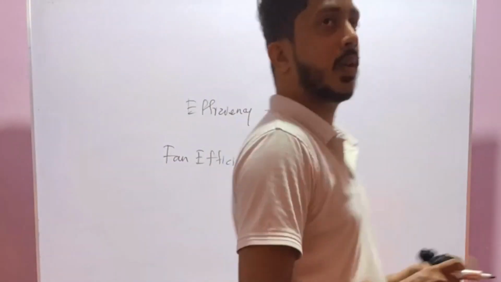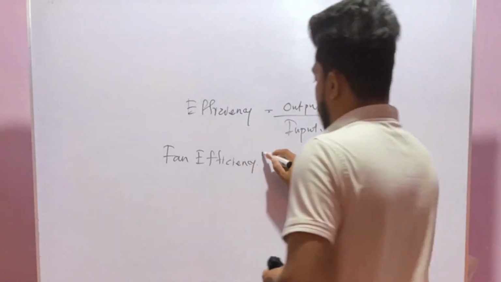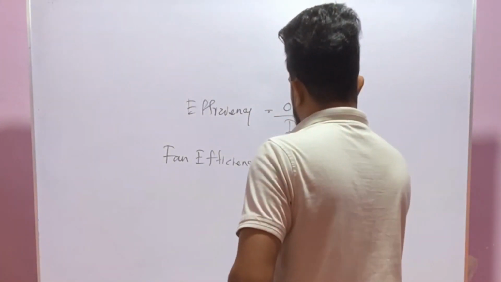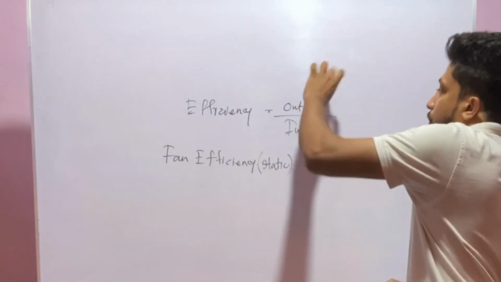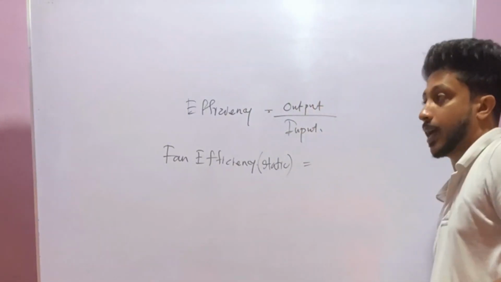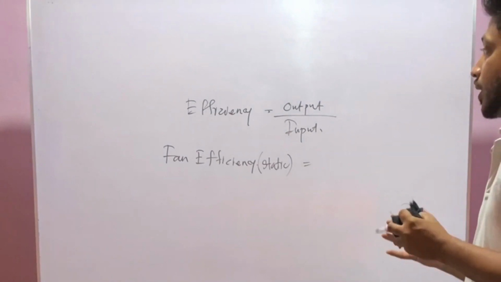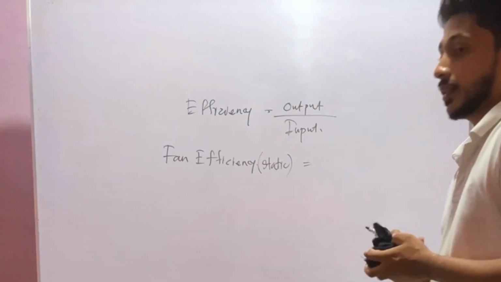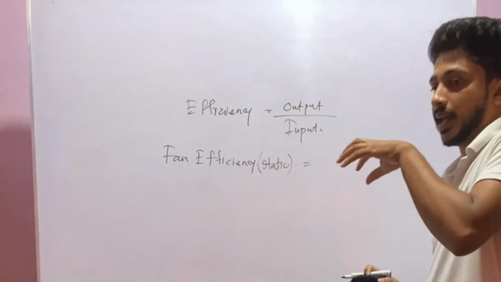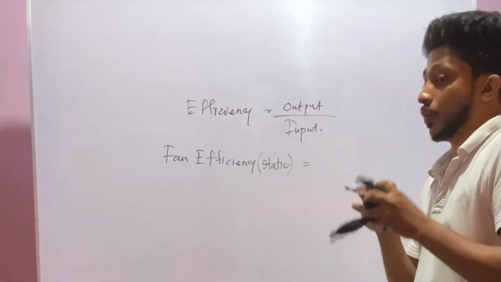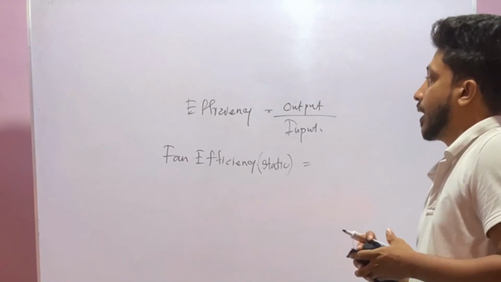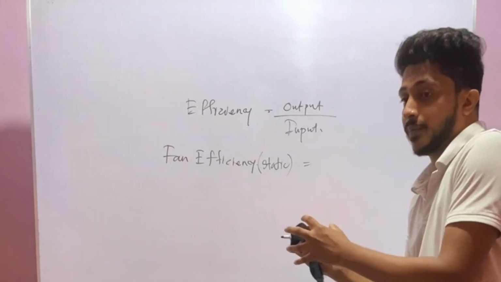First one, static efficiency. So what is the output of the fan and what is the input of the fan? Actually, output is always the pressure development and the airflow. How much is the pressure? That means total pressure, and how much is the airflow.